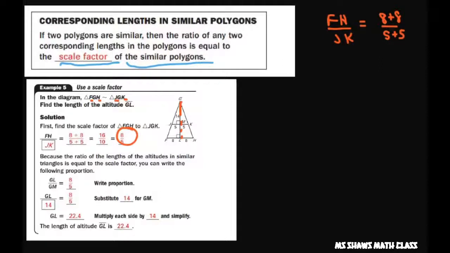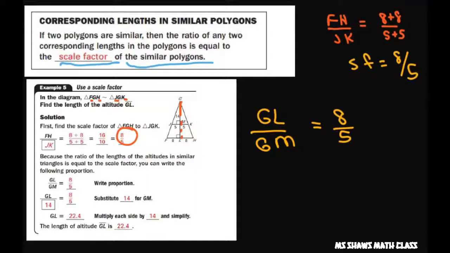Because the ratio of the lengths of the altitudes in similar triangles is equal to the scale factor, you can write that GL to GM equals 8 to 5, because that's your scale factor.